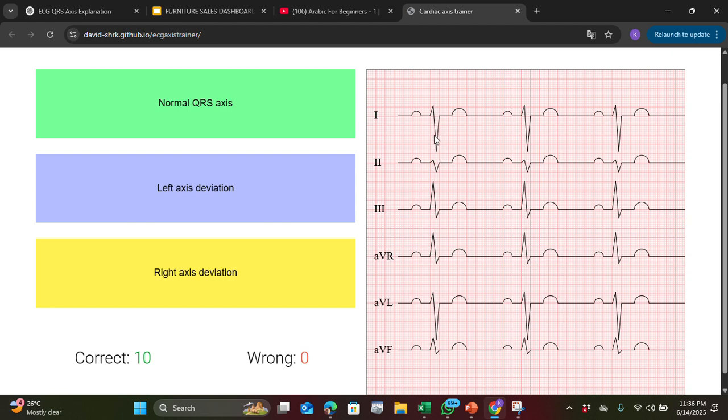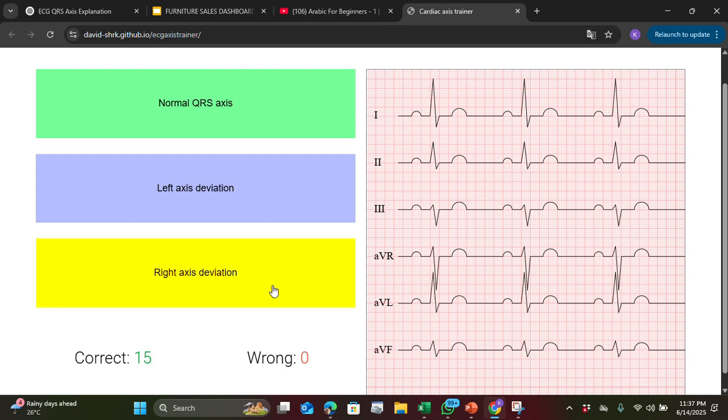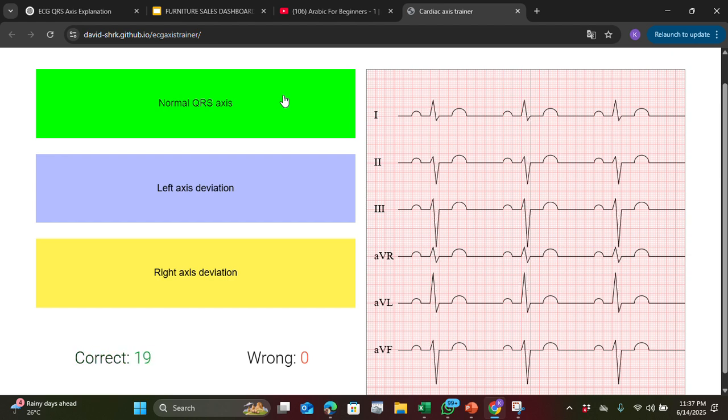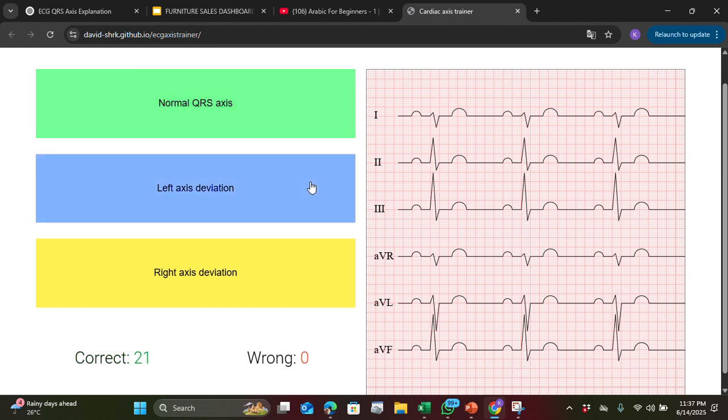Negative positive is right axis. Another negative positive again. Positive positive, positive positive, positive negative, left, positive negative, left, negative positive, right.